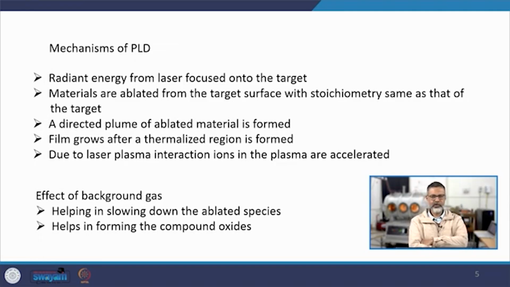It is not that stoichiometry is automatically maintained. In the case of oxide thin films, there will be vacancies of oxygen, so controlling the oxygen pressure is very important, and then heating the substrate, because when these atoms recombine on the substrate, a diffusion process takes place, and to further promote diffusion, sometimes one has to heat the substrate, which is helpful in growing very good quality thin films.